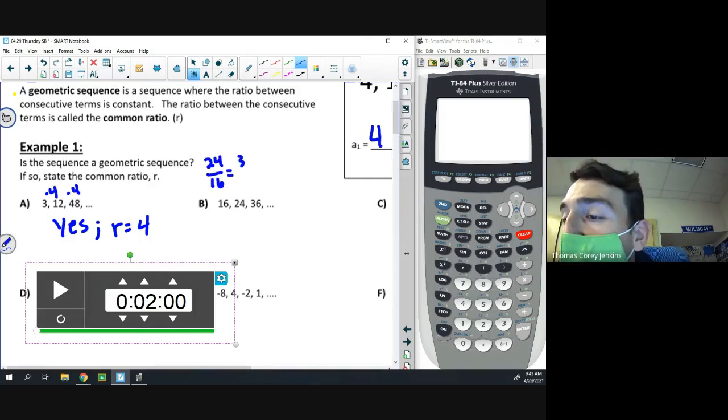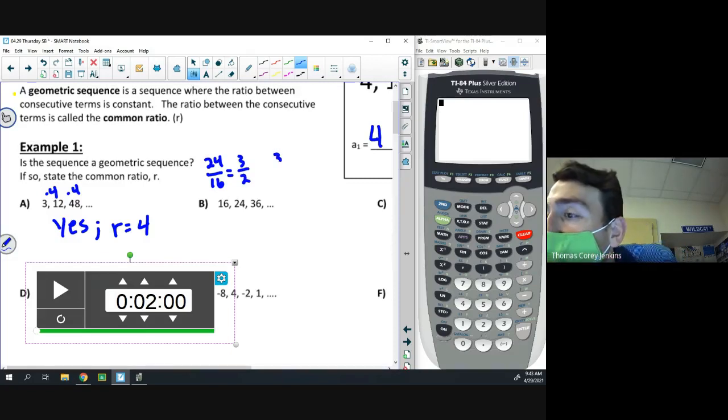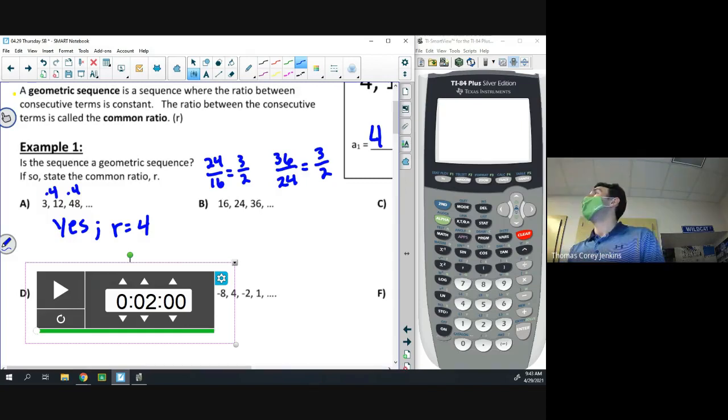That would be 1.5 or 3 over 2. And then 36 over 24 is also 1.5 or 3 over 2. So like I said, that one's not as obvious, but that tells us that this is a yes, where R equals 1.5.